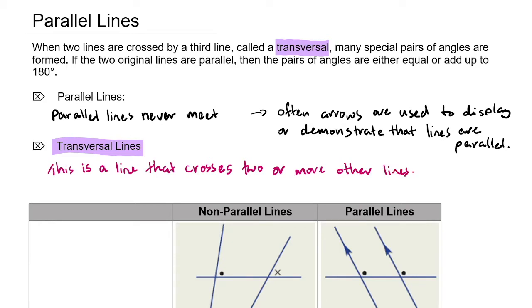Now, once they have been across those other lines, they then form special angles that we can use to test for whether or not lines are parallel.